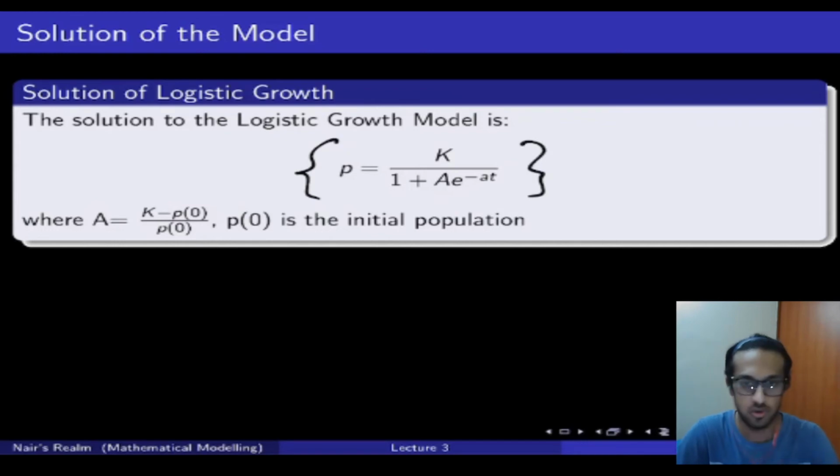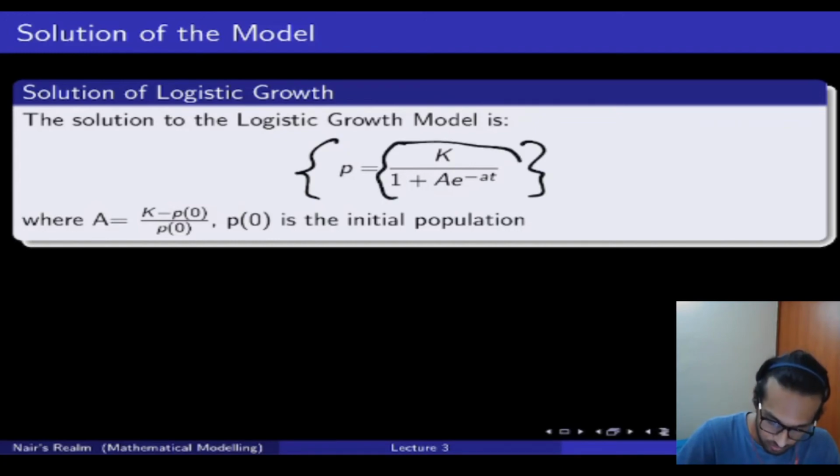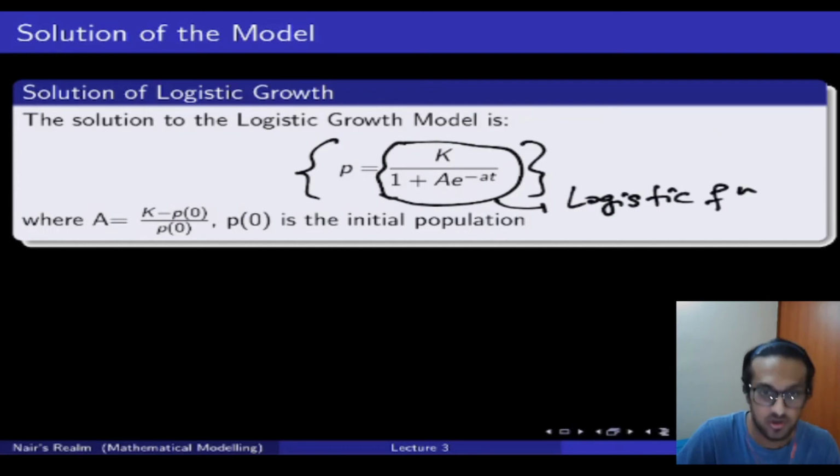This function is called the logistic function. And it has some particular properties which I will discuss when I show you the solution curve of the logistic growth model.